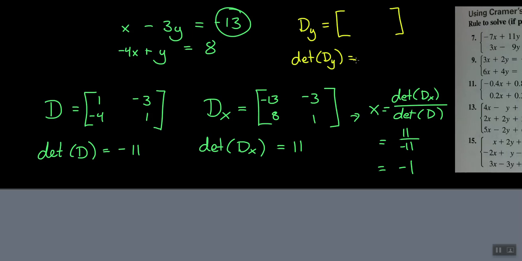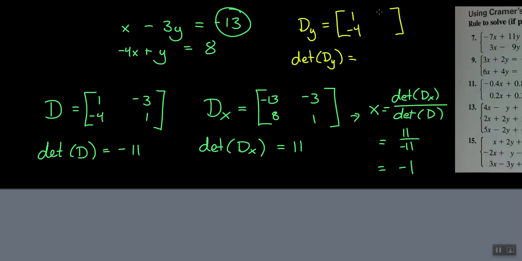So here's dy. So here's the only thing. If we're doing the y version, we don't change the x's. So there's still 1 and -4. Love it. But then the y's become -13, 8. Yep. Awesome. So with dy, this time we're going to change the y values. So this is still 1 and -4.